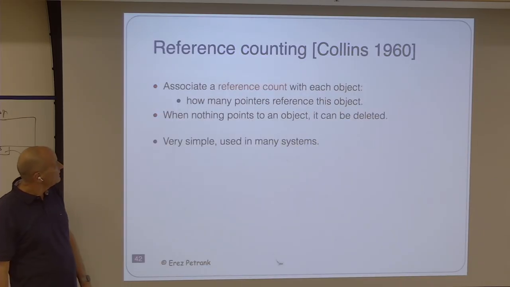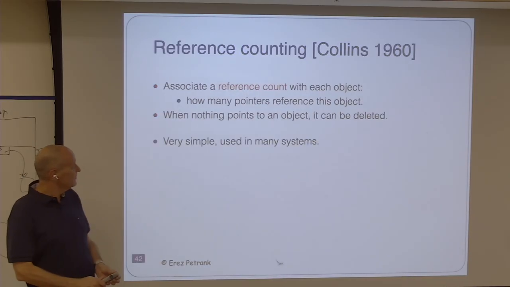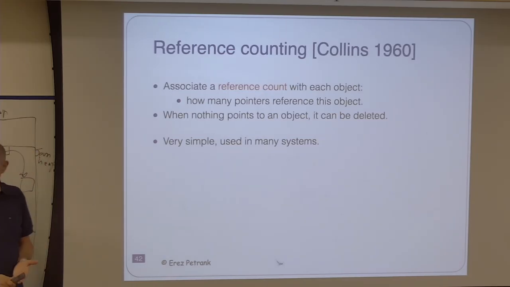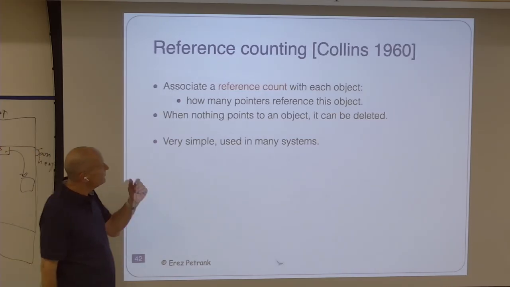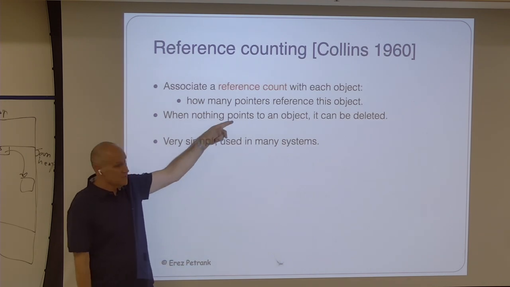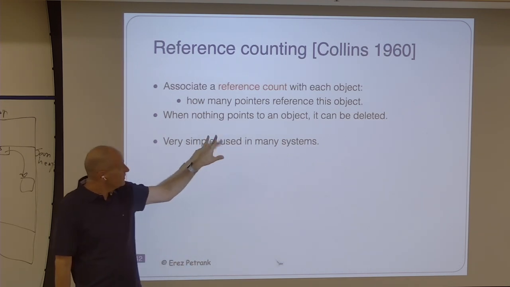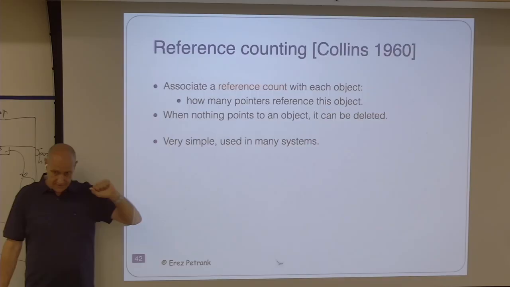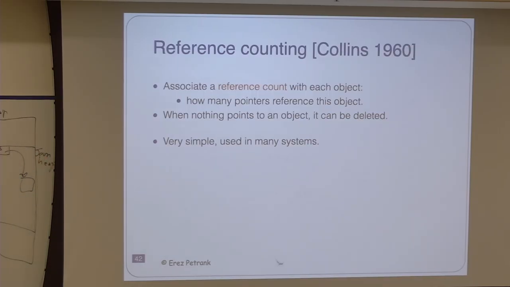The first classical method, from 1960, is reference counting. I associate a reference count with each object, and this count tracks how many references point to the object. If this is 0, I can reclaim the object.